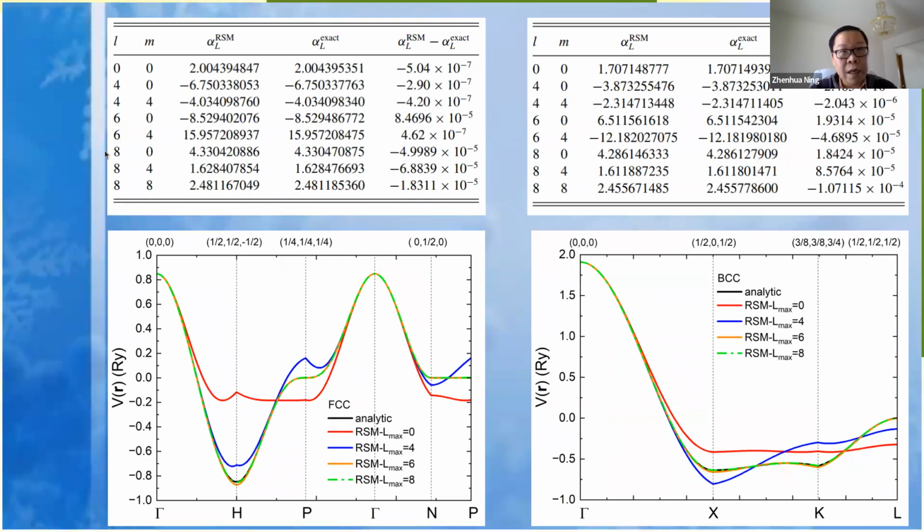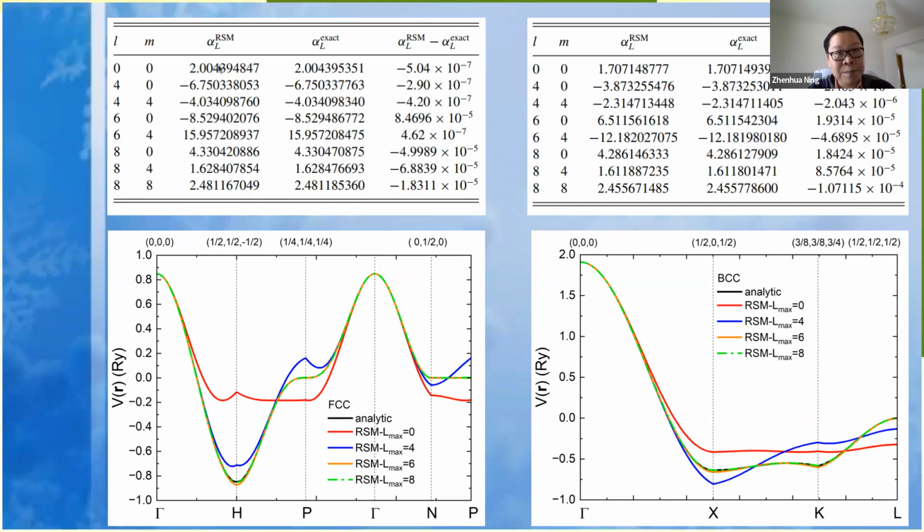I calculated my result with a 14 by 14 by 14 mesh for the VP and optimized Ewald parameter. So the results for the coefficient alpha are listed in these two tables. The first table is for the FCC.